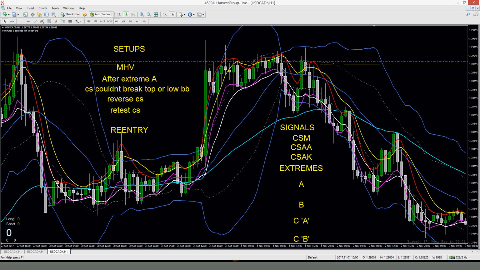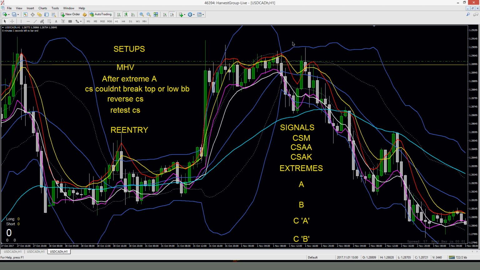The definition of MHB is that the market has lost its volume to go up. So there is a price reversal, provided that there is a candlestick arah kuku.